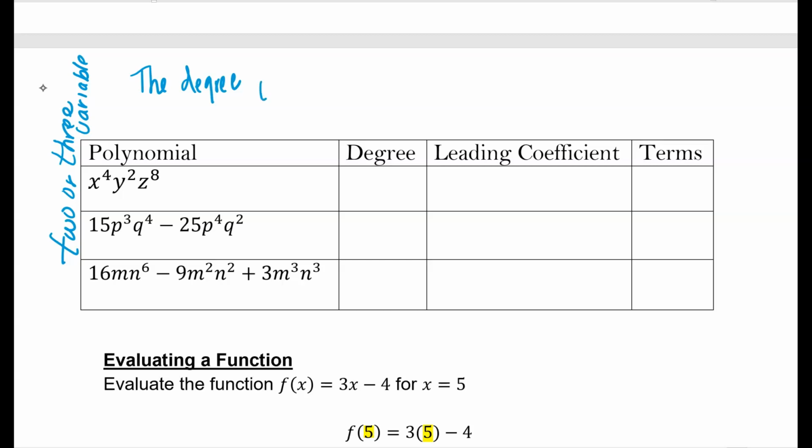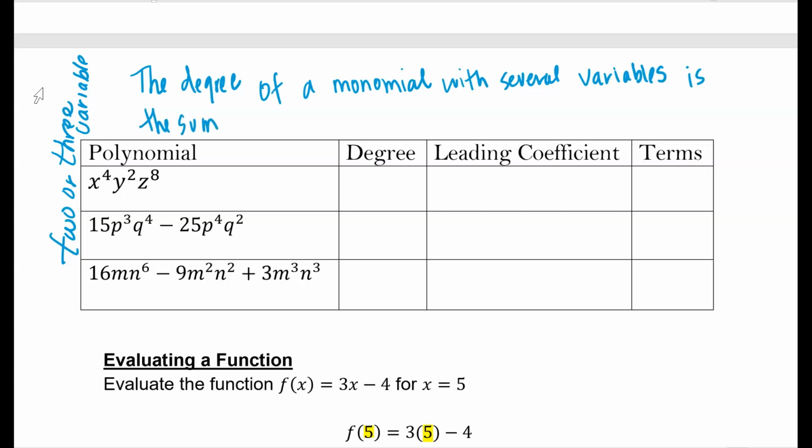So the degree of a monomial with several variables is the sum of the exponents. Sum of the exponents on these variables.